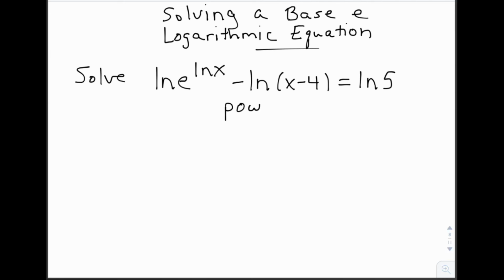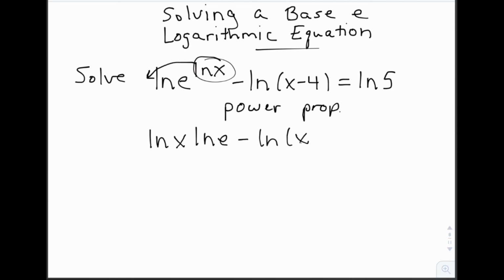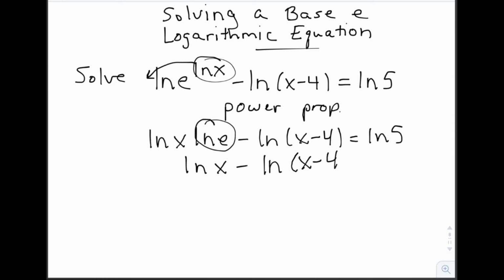So natural log of x, natural log of e, minus natural log of x minus 4 is equal to natural log of 5. If you recall, natural log of e is actually equal to 1. So 1 times natural log of x is just going to be equal to natural log of x, and then minus the natural log of x minus 4 is equal to the natural log of 5.